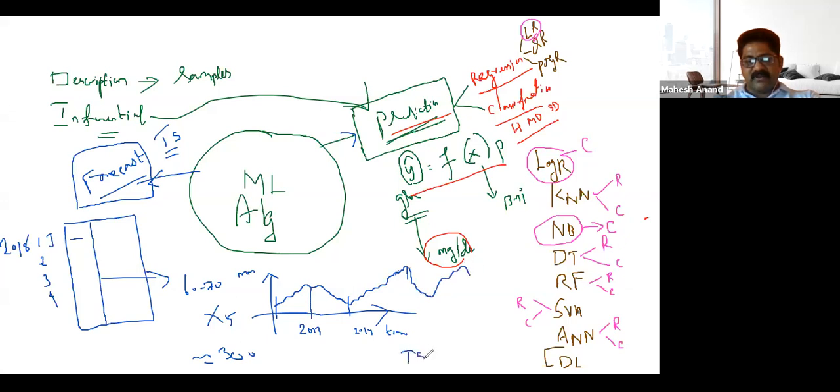This kind of data can be used for so many applications, right? What are the applications? This is a meteorological application. You forecast rainfall, or you can forecast any natural calamity. If you have the last 10-year record of earthquakes of a particular earthquake-prone zone, you can have a forecast model to predict when the next earthquake is likely to be, or a tsunami, or any kind of natural calamity.